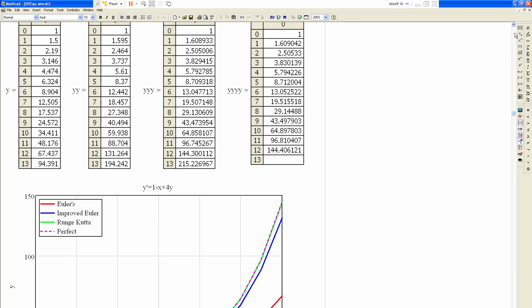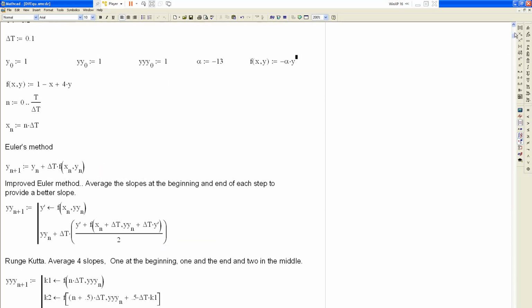So what happens if we make the gap smaller? So we're going to make this gap 0.5.